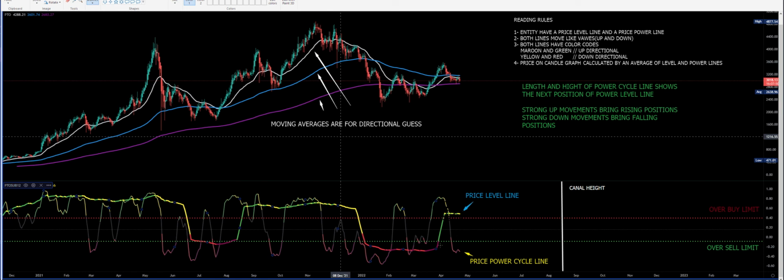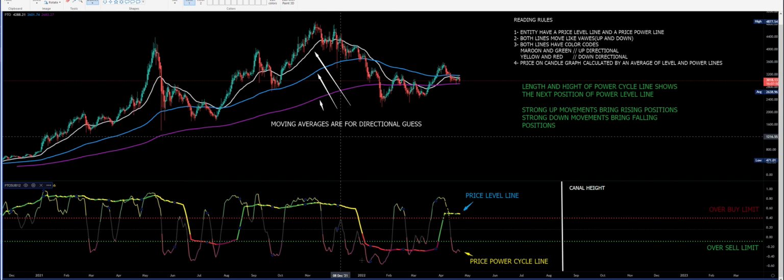While it's rising up, the color is going to change to maroon, so you can understand that there's a preparation for getting up and up. That means you can play with that on that side. If you combine all together, the price will always be represented with the price level line, and the timing will be represented with the power cycle line.